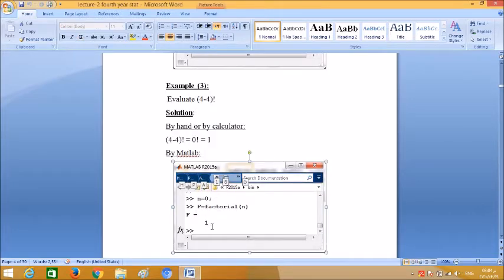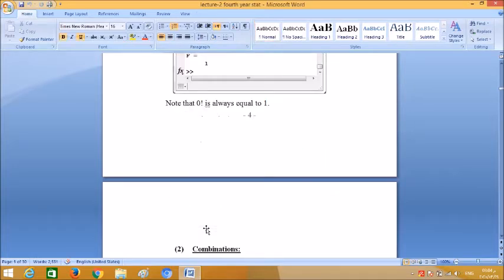By MATLAB, n equals 0 and f equals factorial(n). The answer is 1. Note that 0 factorial is always equal to 1, by definition.